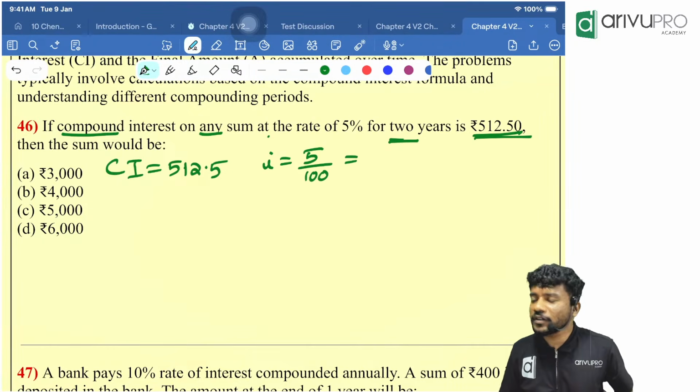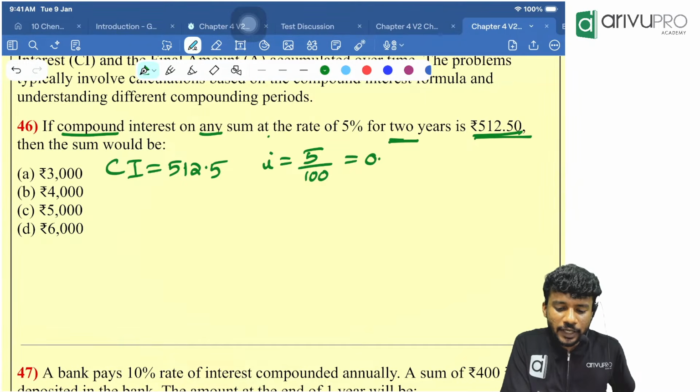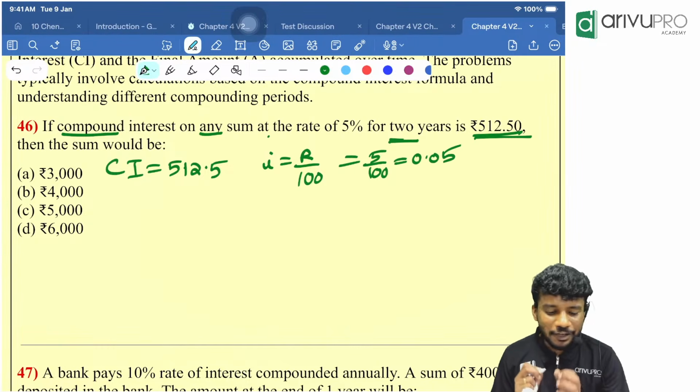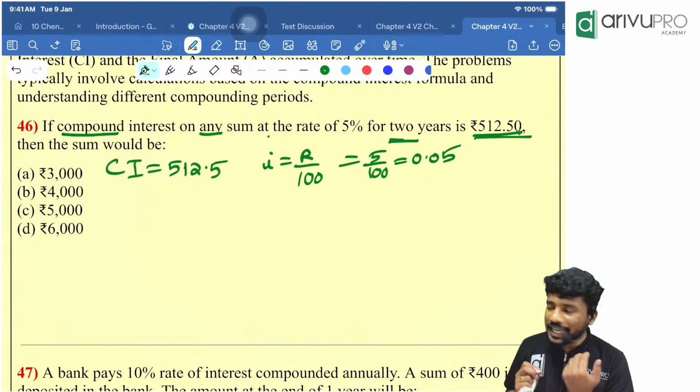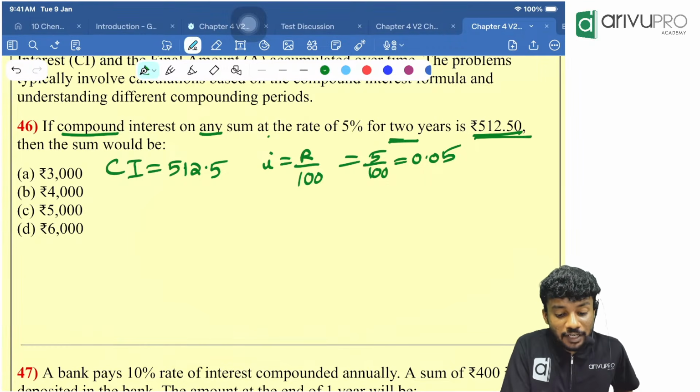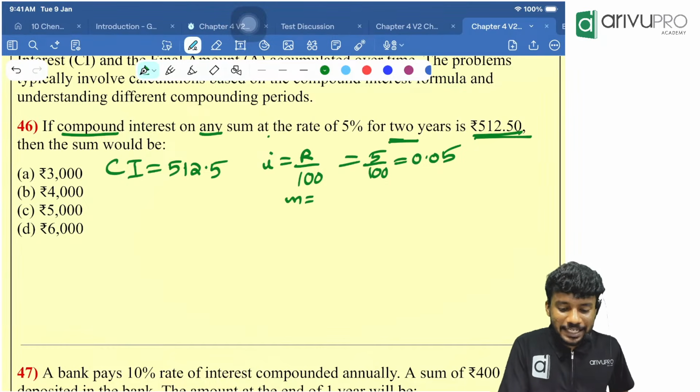So I will be 5 divided by 100. How much is 5 divided by 100? 0.05. We know that I is nothing but R divided by 100 in annual compounding. That is 5 divided by 100, which is 0.05. I have the value of I. Once I have the value of I, what else do I require? I want the value of N. What is N given here?